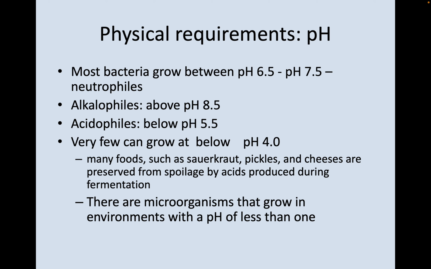Very few can grow below pH 4.0, which is another reason why acid is used as a preservative for food. So foods like sauerkraut, pickles, and cheeses are often preserved from spoilage by acids produced during fermentation. There are microorganisms that grow in an environment with pH less than 1.